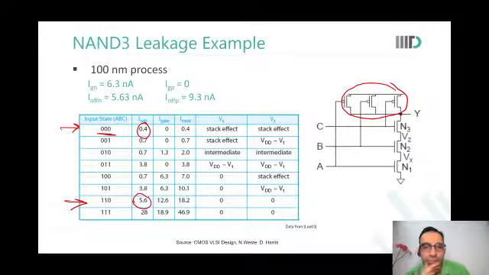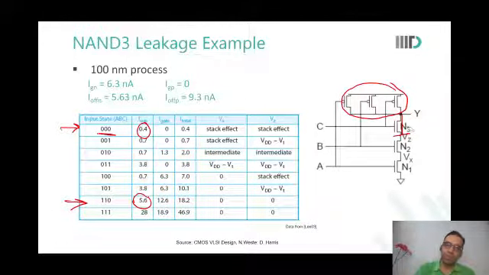So why would there be leakage when A and B are 1 and C is 0? Because the intermediate node will be connected to ground, and so will the body. Yeah, but leakage will happen from Y to Vz, na? Yes, sir. But SB is 0, so VT will be. Okay, in that case, there is no stack effect.